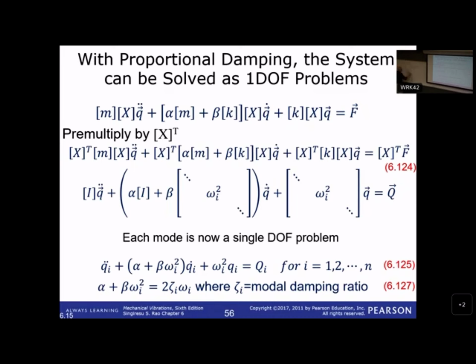So this was alpha plus beta omega I squared equals 2 zeta omega I.